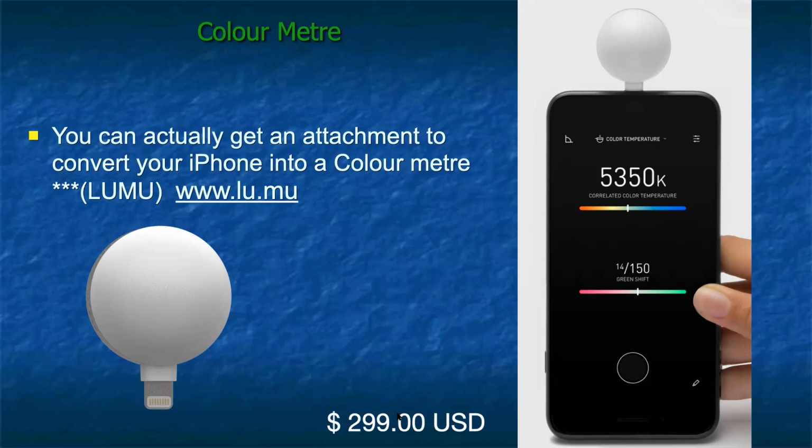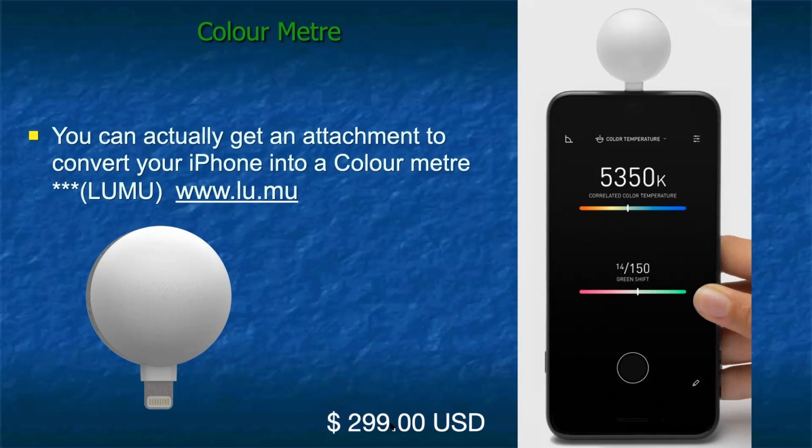And it actually does everything from spot metering to flash metering, regular ambient light metering, and color metering as well. So here it'll tell you exactly what the color temperature is and the fluorescent shift, if there's any fluorescent lighting, the green magenta shift. So it's kind of neat and definitely more affordable.